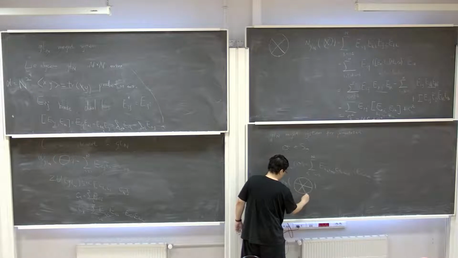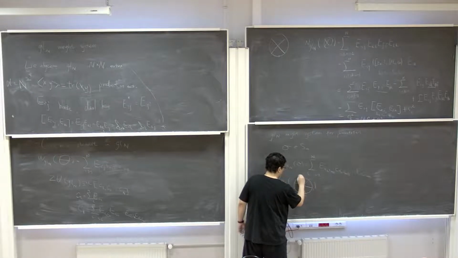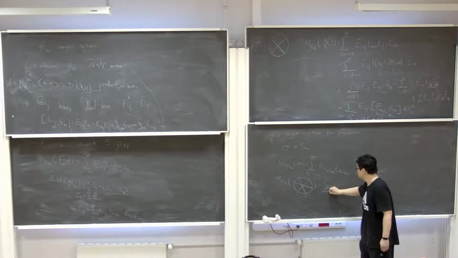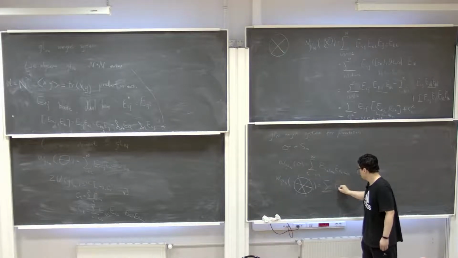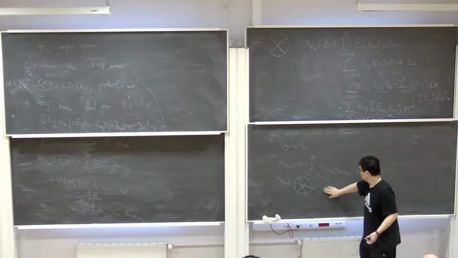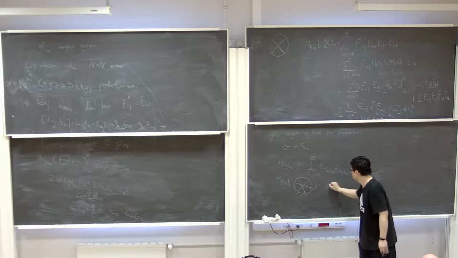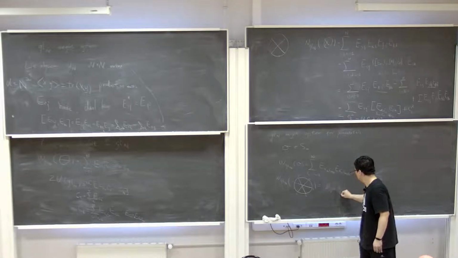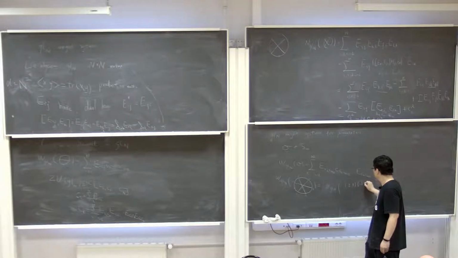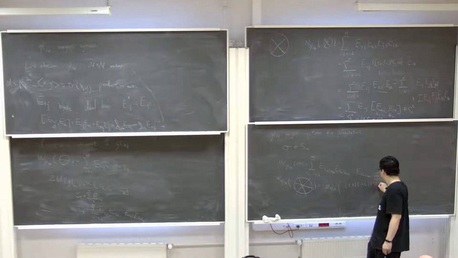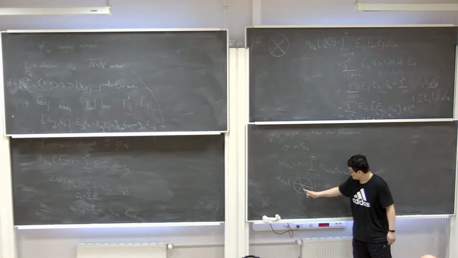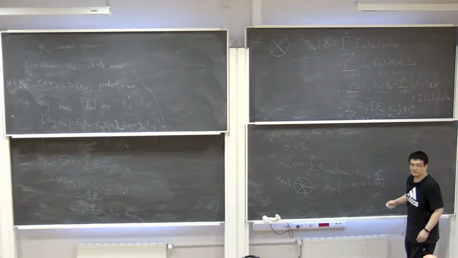This is 1, 2, 3, 4, 5, 6. And this is the summation. You may just write down the permutation corresponding to this. So it's 1,4 times 2,5 times 3,6. So it's just a transposition of the two endpoints of the same chord and the product together.